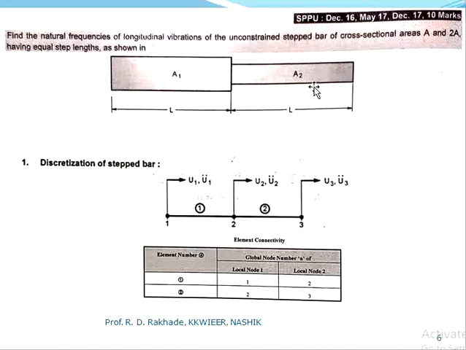So this total bar is divided into two elements, element 1 and element 2. Then element 1 has nodes 1 and 2, and element 2 has nodes 2 and 3. The connectivity of the elements is 1 to 2 and 2 to 3. So this is our first step.